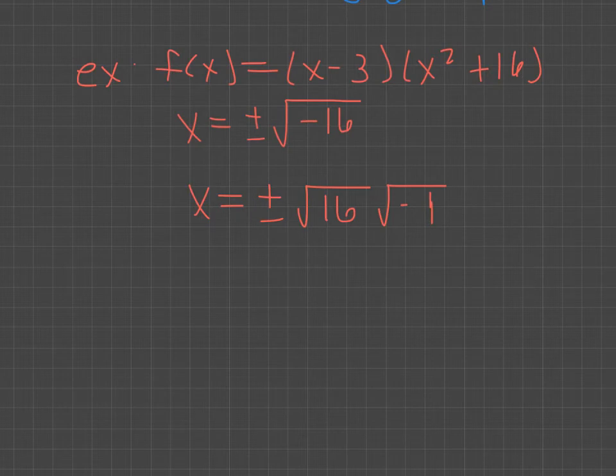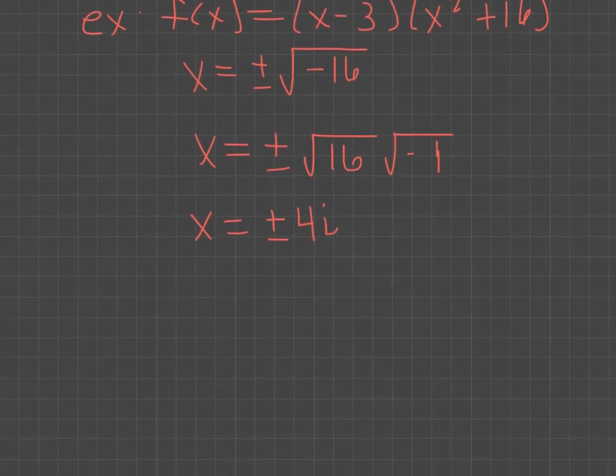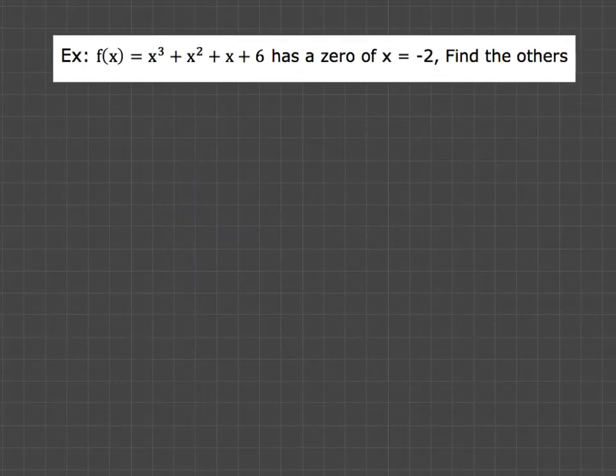And then simplify that square root 16 as 4 and rewrite that square root negative 1 as i. So we get two imaginary zeros, x equals 4i, x equals negative 4i. And these are complex numbers that just happen to have the real part being 0.